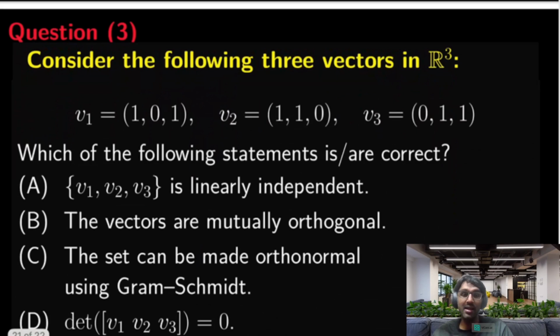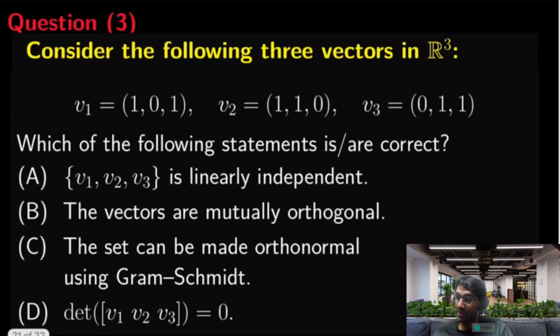Let's see question 3. Consider the following three vectors in R3. V1 is equal to 101, V2 is equal to 110, V3 is equal to 011. Which of the following statements are correct? Option A, the set V1, V2, V3 is linearly independent. Option B, the vectors are mutually orthogonal. Option C, the set can be made orthonormal using Gram-Schmidt.